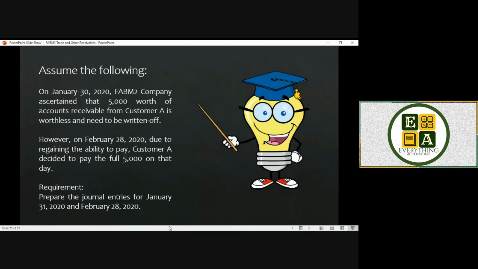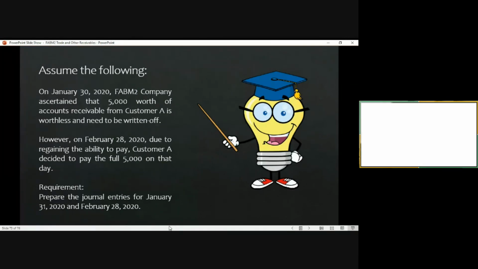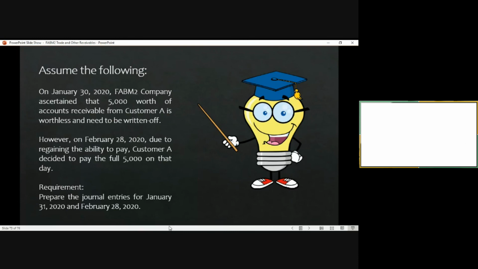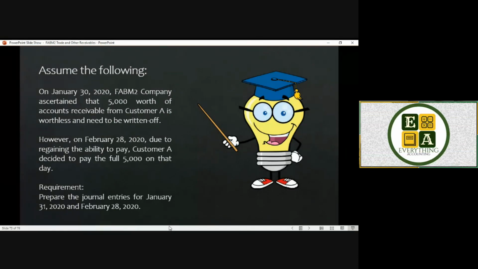The requirement is to prepare the journal entries for January and February. So what we have first in January is a write-off. So 5,000 write-off. Then afterwards, coming February, out of nowhere, because of regaining the ability to pay, customer A decided to pay in full yung 5,000. So ano yung maging journal entries natin sa write-off and recovery?